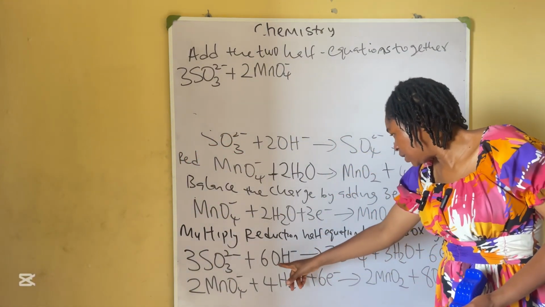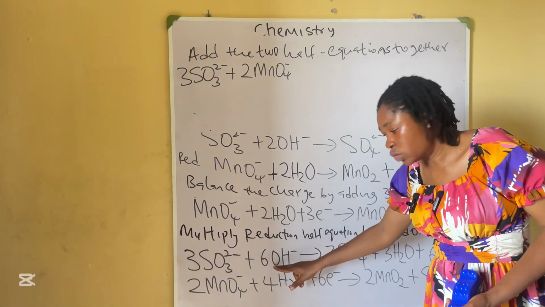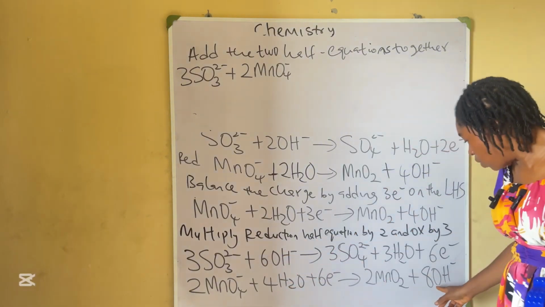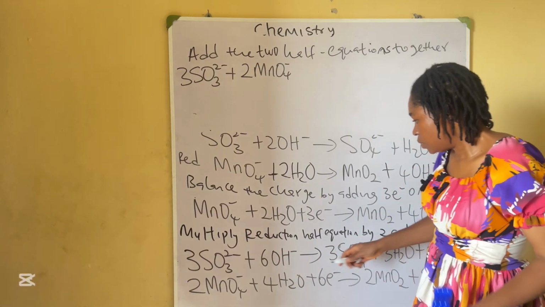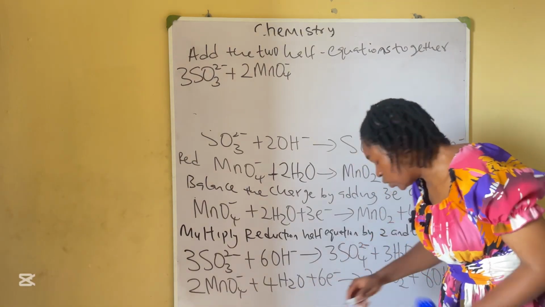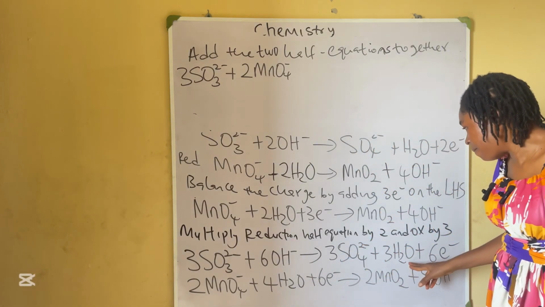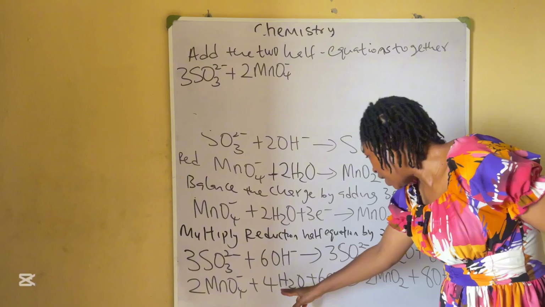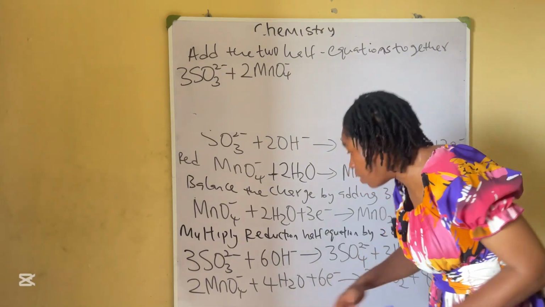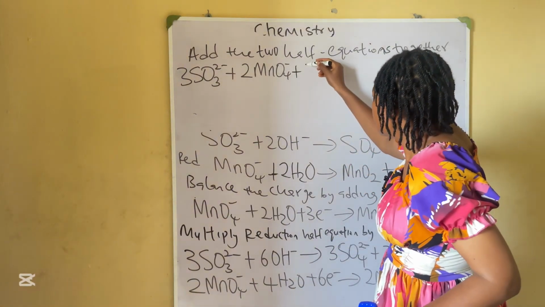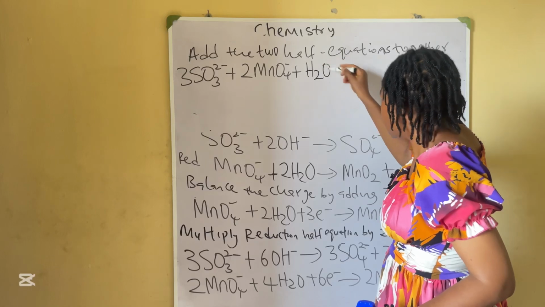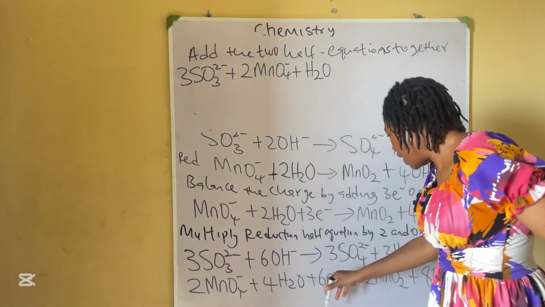So remember, the 6 OH minus will no longer be there because I have already subtracted it from here. So add the water. What happens there? I have 3 here, 3 minus, I only subtracted 3 from here, so I only have 1 mole. The electrons will cancel out.